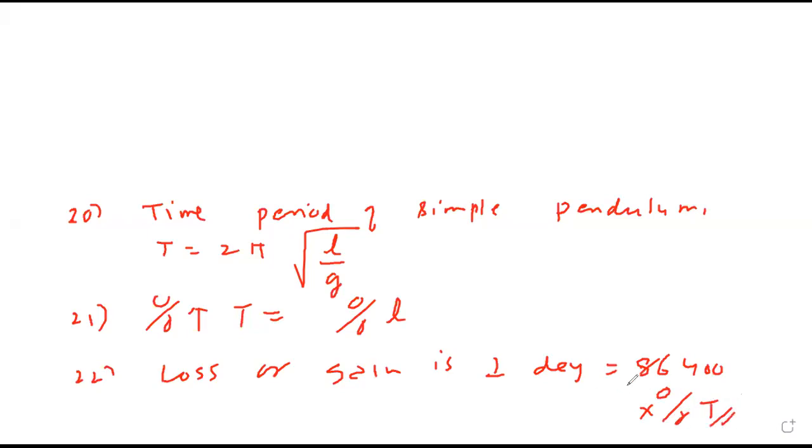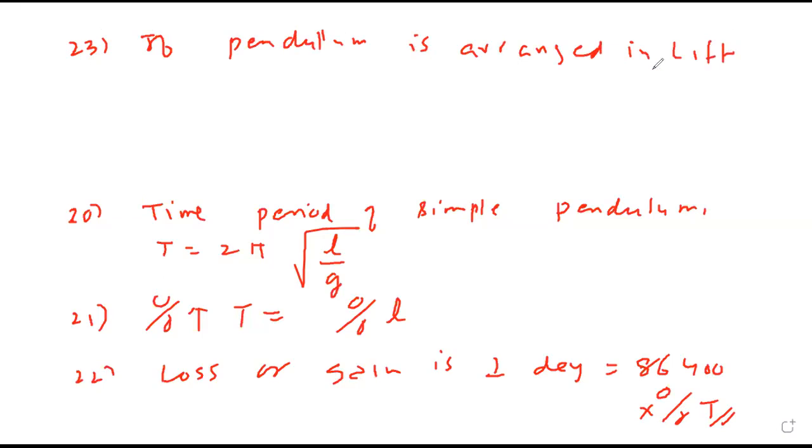Please remember this way. If they say length is increased by something or decreased by something, what is the percentage loss or gain in the time period? So we can remember in this manner. If pendulum is arranged in a lift, then there are three possibilities.